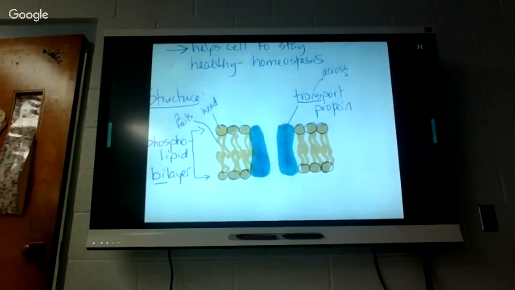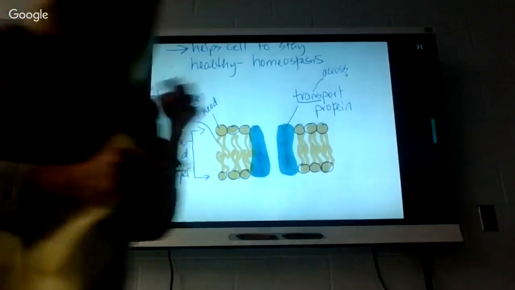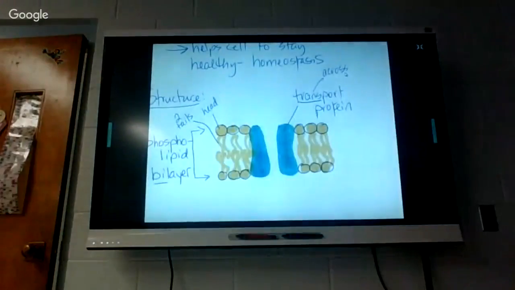Like if you're holding balloons and you're walking, how the balloons bounce? That's what they do all the time. So you can't see it, but in your cell membranes, all the lipids are bouncing among each other. And that's why it's easier for things to squeeze through. And then we have the transport protein that allows things to get through easier, especially when you need it.